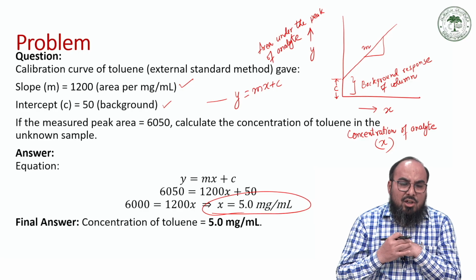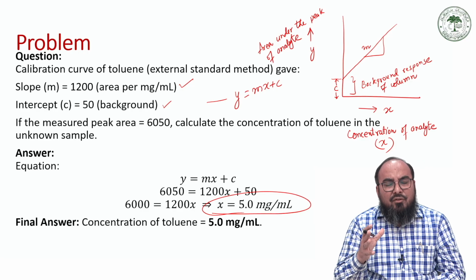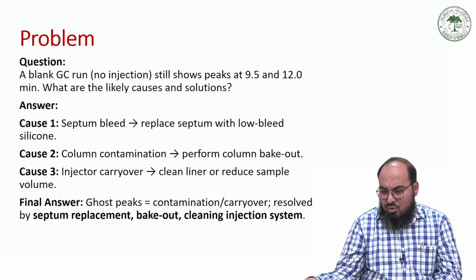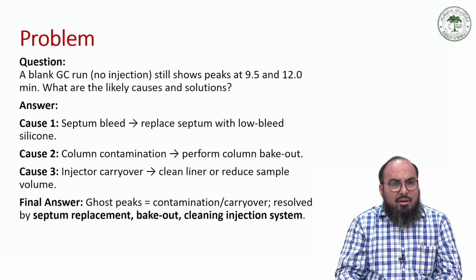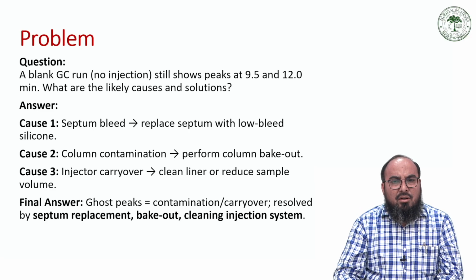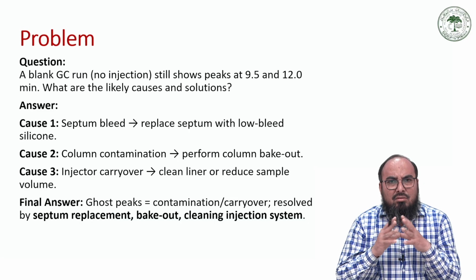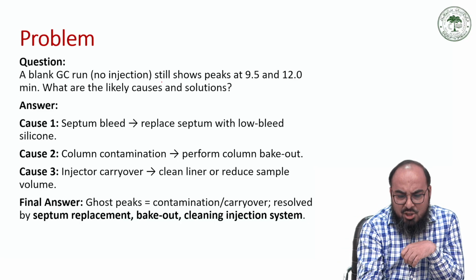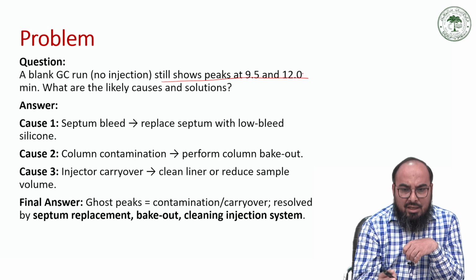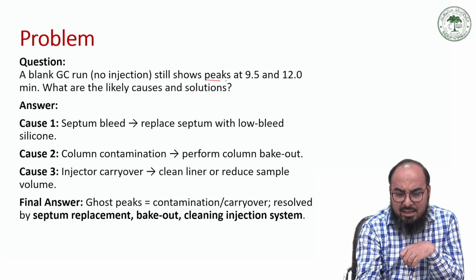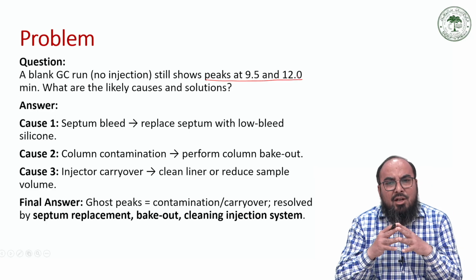So this is how you actually solved your problem of detecting the concentration of toluene. Let us do another problem. Now you have a blank GC run. Blank GC run means there is no sample, and it still shows peaks at 9.5 and 12 minutes.